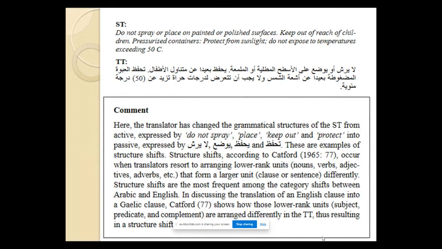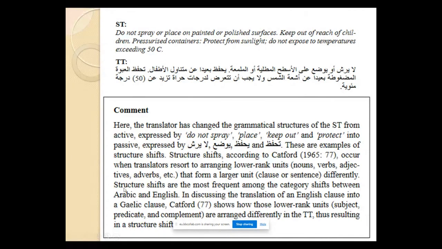So the translator here changed the grammatical structures of the source text from active into the passive. And these are examples of structure shifts. So this is referred to as structure shifts. And according to Catford, 1965, this occurs when translators resort to arranging lower rank units, nouns, verbs, adjectives, that form a larger unit, clause or sentence, differently.